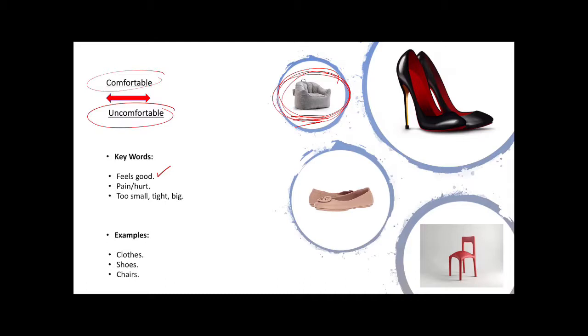So I would say this chair is comfortable. Now if I look at this chair here, I don't want to sit in this chair. I think if I sit in this chair for 2 minutes, it will be pain or it will hurt my back. So this chair is uncomfortable.